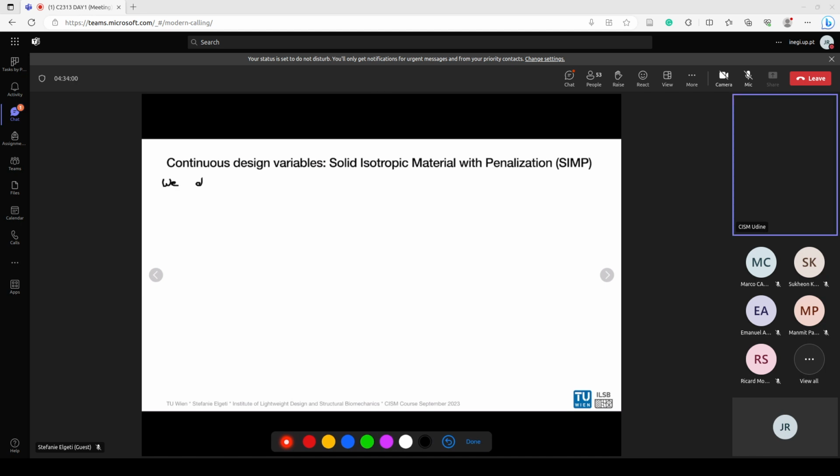So we define a design variable xi on an element basis.